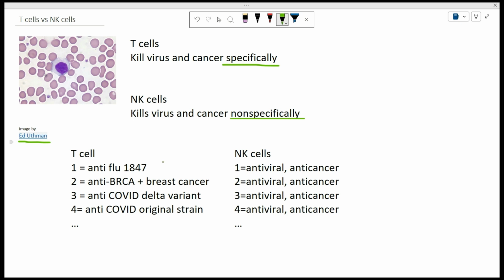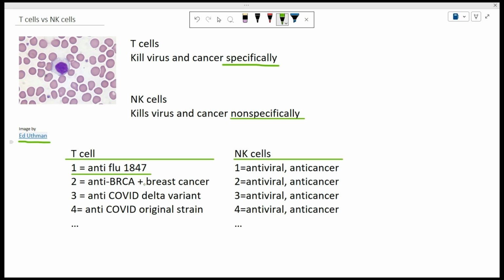Okay, so what I've done is I created two populations of cells. We've got our T cells over here, and in our second population, we have natural killer cells. And we're going to see how they respond. So T cell number one, the only thing it touches is flu 1847.